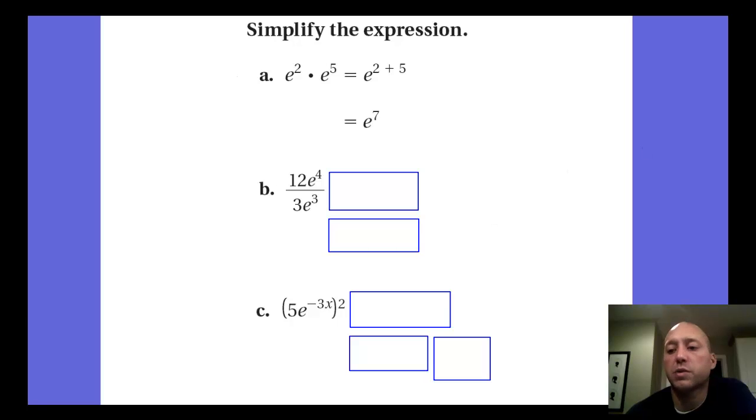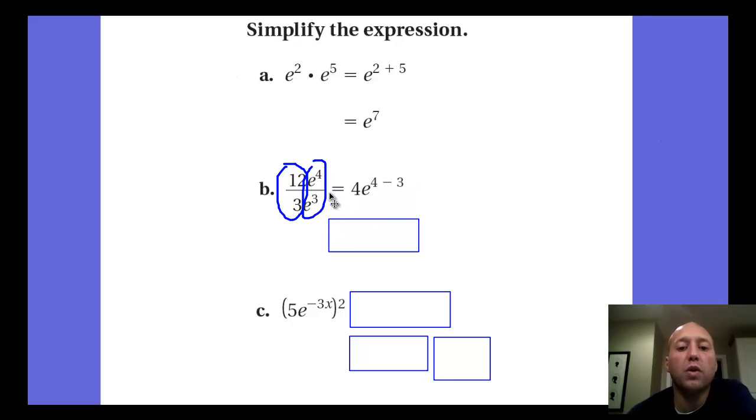Here we need to split this problem up into 2 parts: the coefficients, and then the powers. 12 divided by 3 is 4, and then we subtract the 4 and 3 to get e to the first power. For the last one here, this 2 is a power of both the 5 and the power e to the negative 3x.